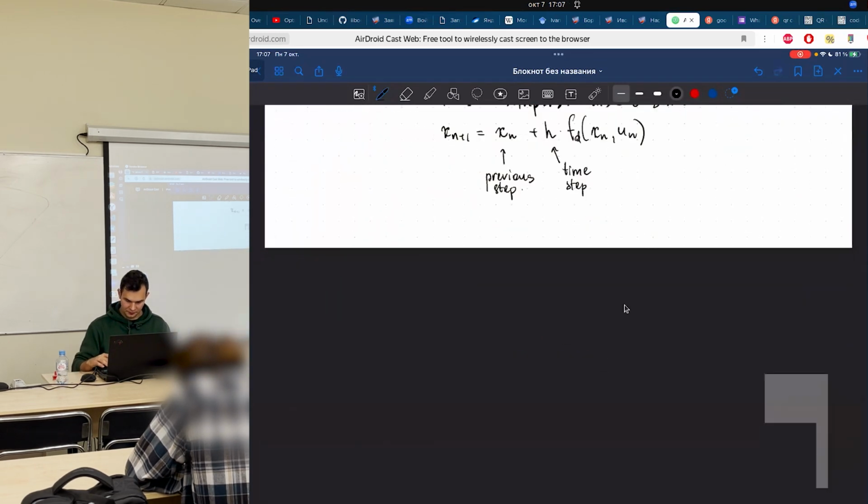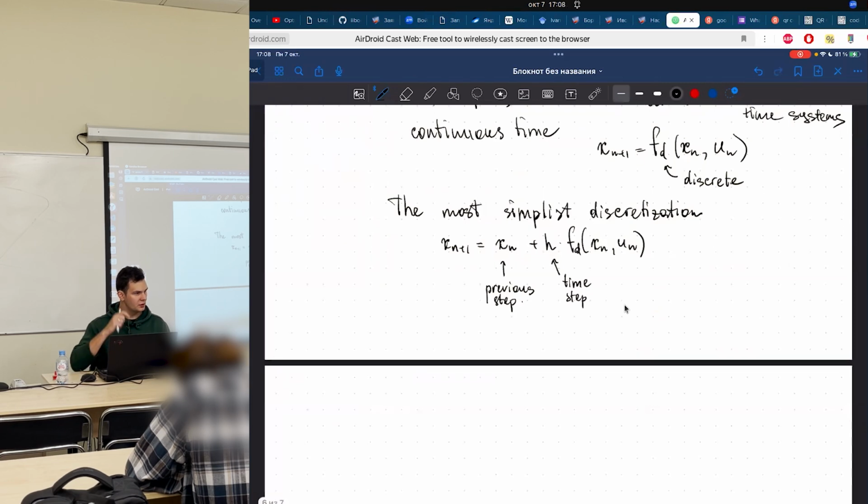So we take a previous solution and compute some step and add it, and we just do our iterations. It's something which is called forward Euler.